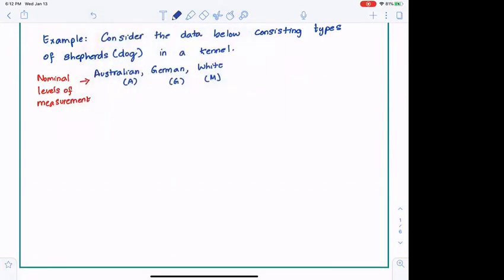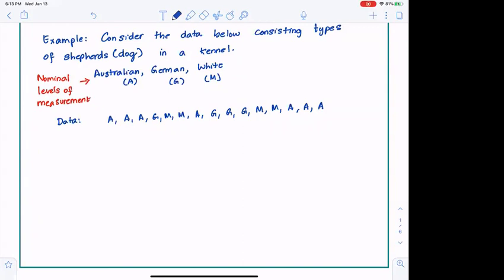Let's just say that's what we observed in the kennel.